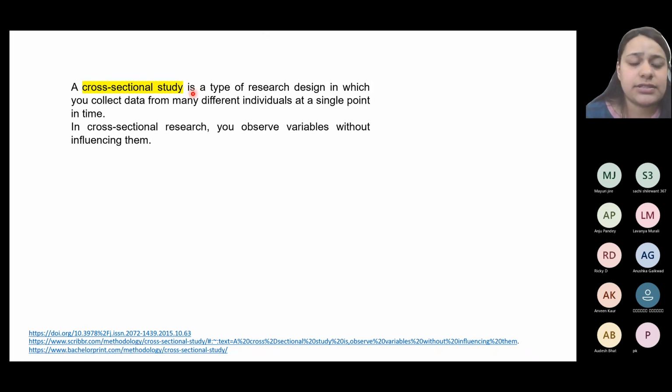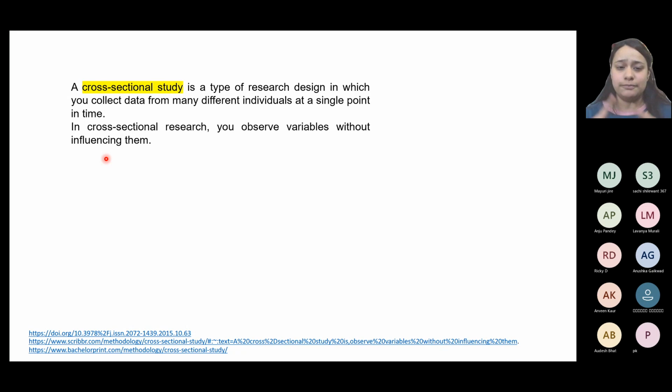Okay, so a cross-sectional study is a type of research design in which you collect data from many individuals at a single point in time. In cross-sectional research, you observe variables without influencing them. So there are two takeaways. One, the data is a snapshot, because at a single point in time you have collected data from different individuals.